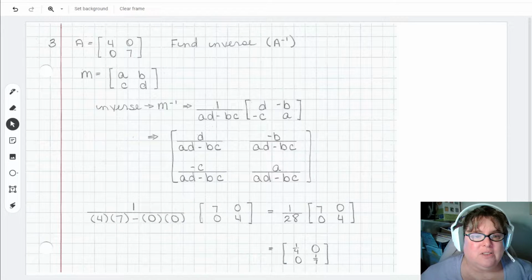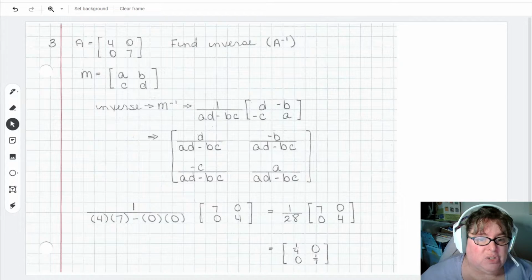It's a little bit different. So if we say that A is M, and if M is a, b, c, d, now it can be written as a sub 1,1 and a sub 1,2, a sub 2,1, and a sub 2,2. But this is just easier to see because they're going to move around.